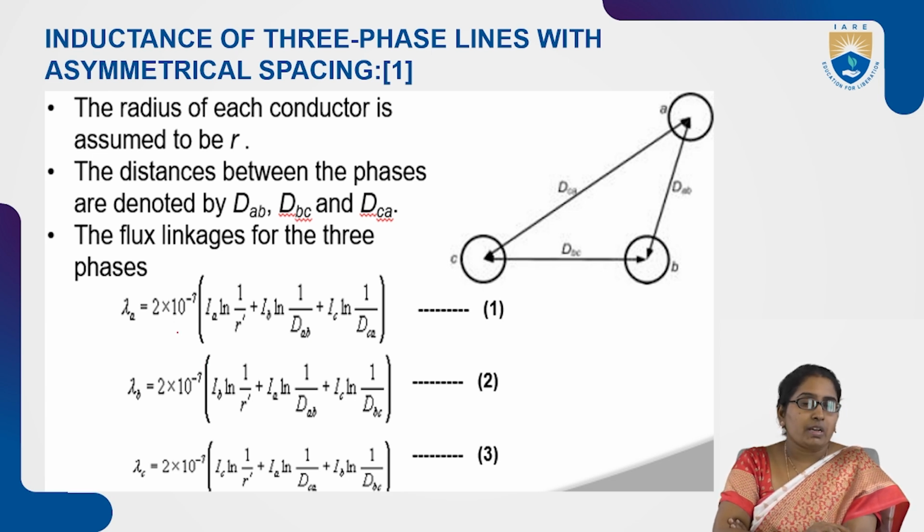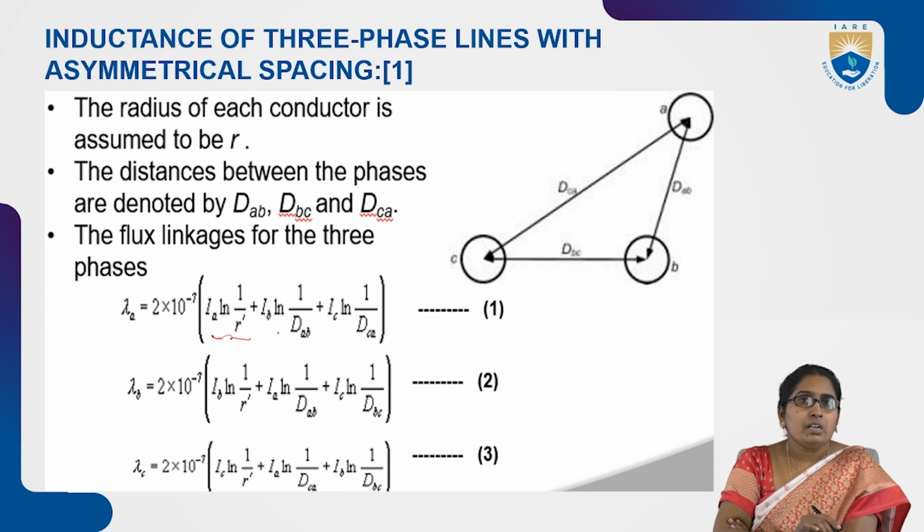So psi A equals 2 into 10 power minus 7 in brackets, Ia into log base e of 1 by r dash. This is with respect to its own current Ia, based on its own radius, where r dash is 0.7788 into r.